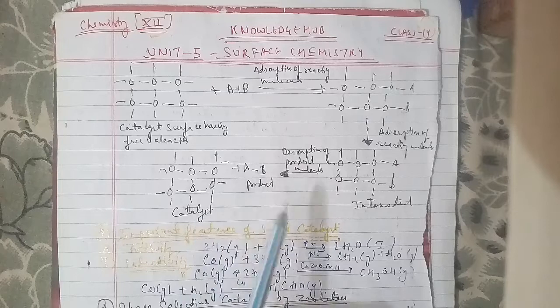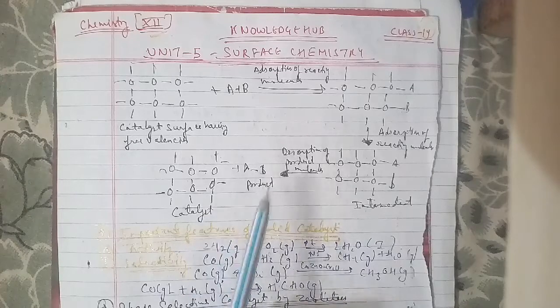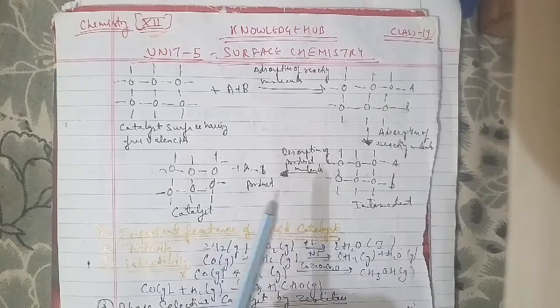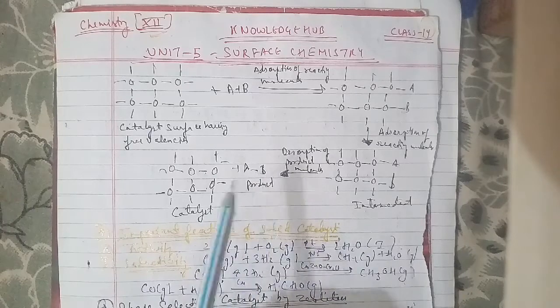The reactions taking place in zeolites depend upon the size and the shape of the reactant and the product molecule, as well as upon the pores and the cavities of the zeolites. They are found in nature as well as synthesized for the catalytic selectivity as well.